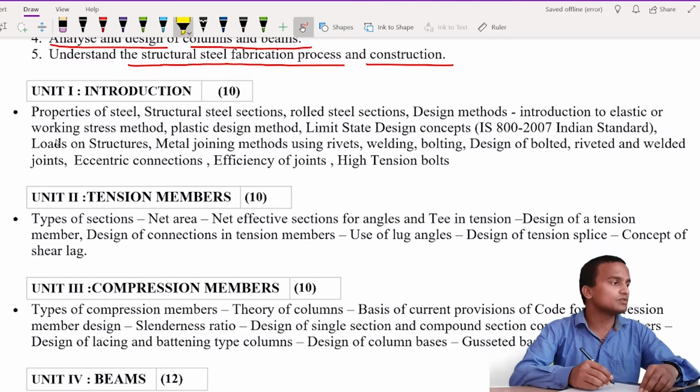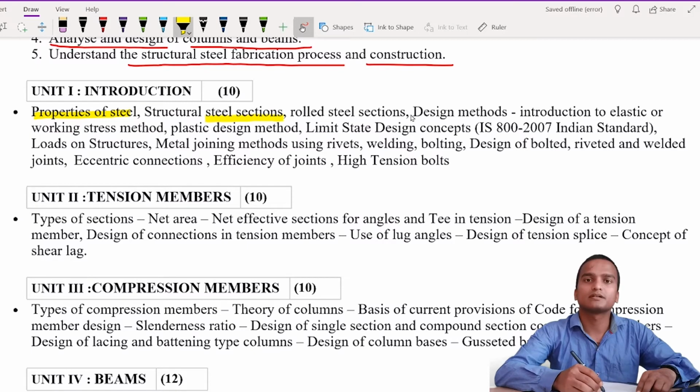We are going to see properties of steel, different kinds of steel sections, and different design methods like WSM, LSM and also the plastic design method. But basically we will focus on limit state design concepts, which is the basis of IS 800.